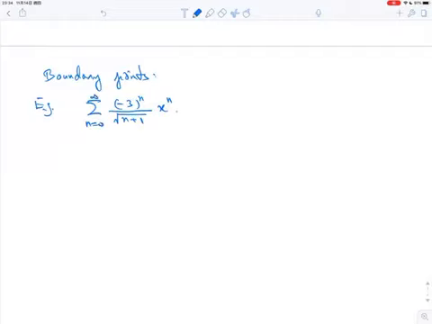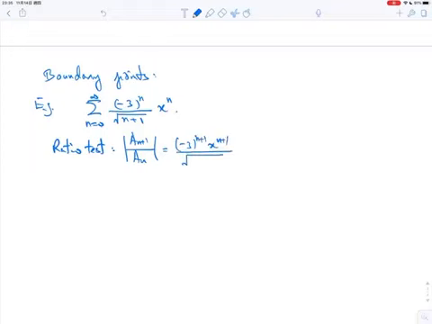So a ratio test quickly. Let me use a different notation, capital A_(n+1) and A_n. So you would have (-3)^(n+1) x^(n+1) divided by root n plus 2, and then divided by (-3)^n x^n divided by root n plus 1.